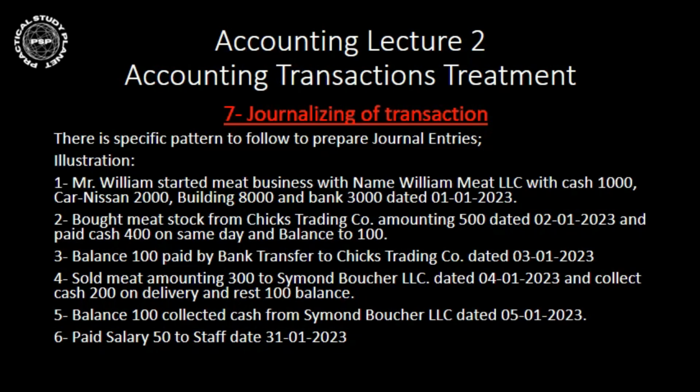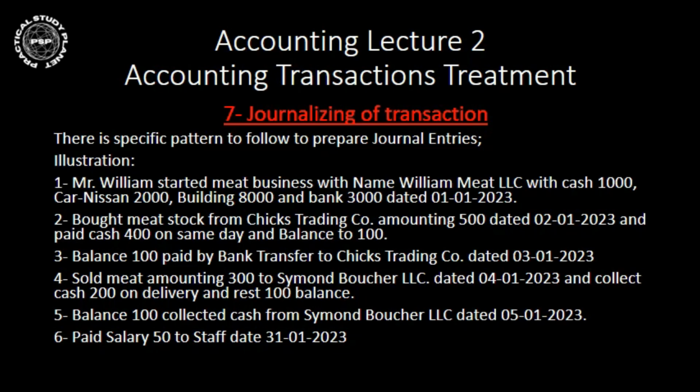Mr. William started a meat business with the name William Meat LLC, with cash 1000, car Nissan 2000, building 8000 and bank balance 3000, dated 1st Jan 2023.